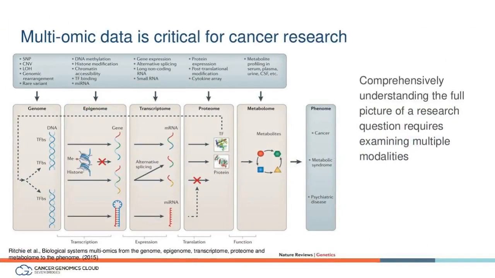And this is important because multi-omics is becoming increasingly critical for cancer research. So it's not just the somatic and germline mutations, but it's also the epigenome, the transcriptome, proteome, etc. And this will help us go from population studies into the era of precision medicine, where we can actually create new cancer treatments.